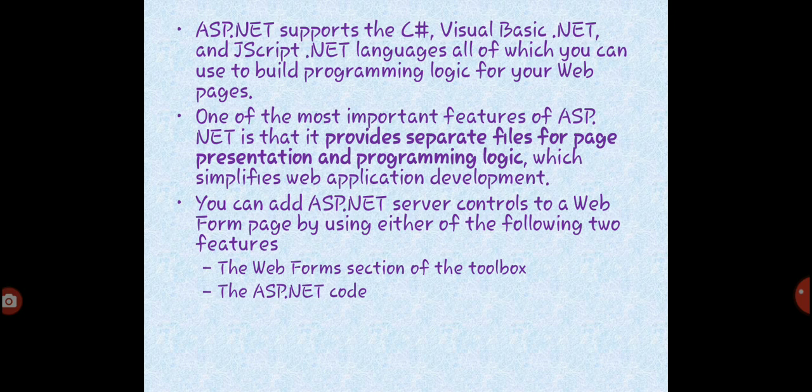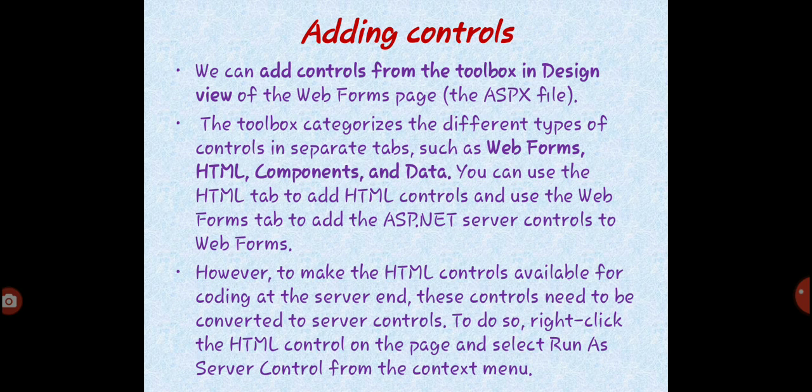The web server controls, that is the controls or tools, can be added to a web form in either of two ways: using the toolbox or using the ASP.NET coding. Using the toolbox we can create a control, or using coding also we can create a control. We'll see how we do that.